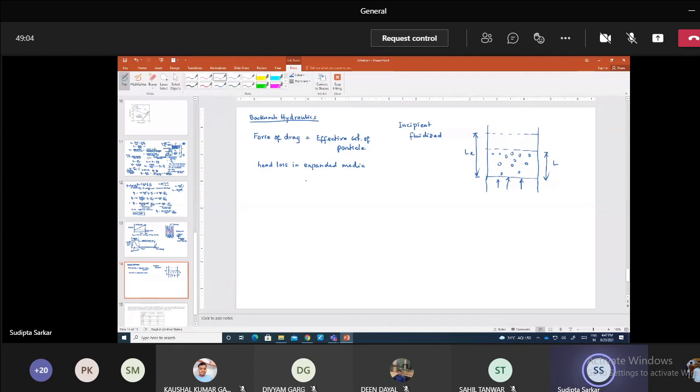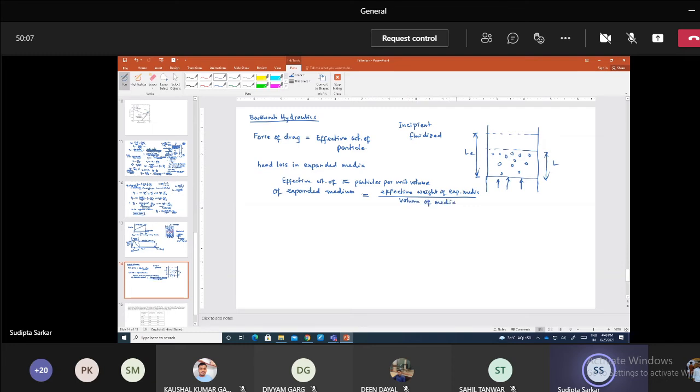As I said, the effective weight of the particles per unit volume of the expanded medium is the effective weight of the expanded media divided by the volume of media.